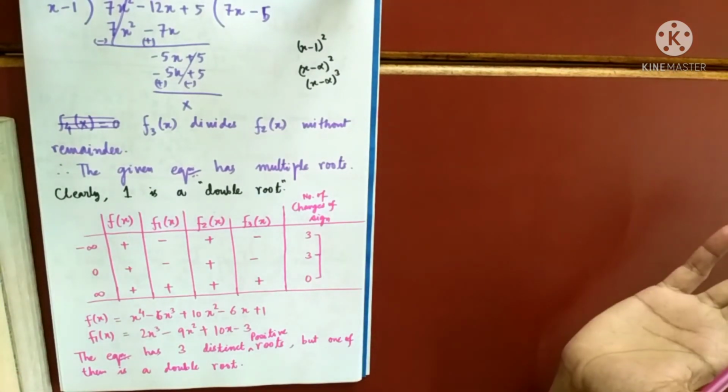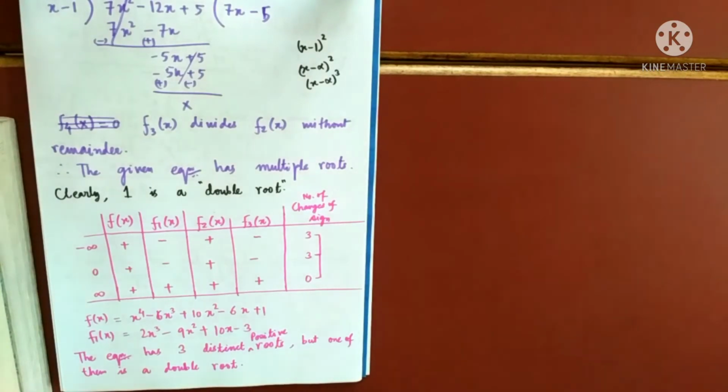All are real, and all are positive. But one of them is a double root. So therefore, the equation has all 4 real roots. Did you understand my point?